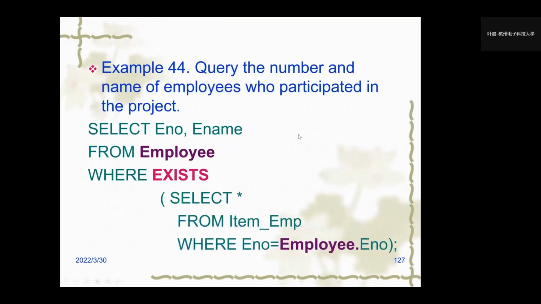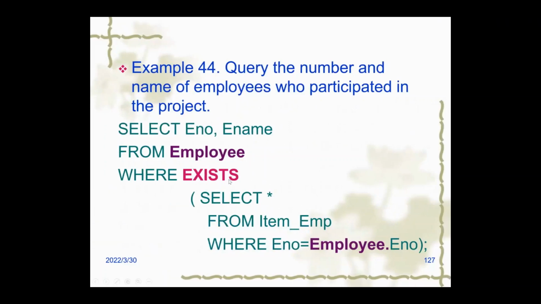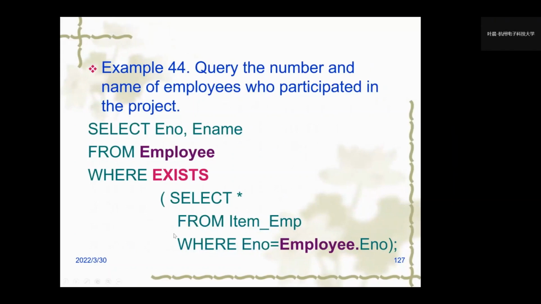Here we can see the query for the number and the name of employees who participate in the project. We can use this kind of select language, in which we use exists here. It means if this subquery returns at least one row, then exists is true, so it will return the rows that are the query result of this query.